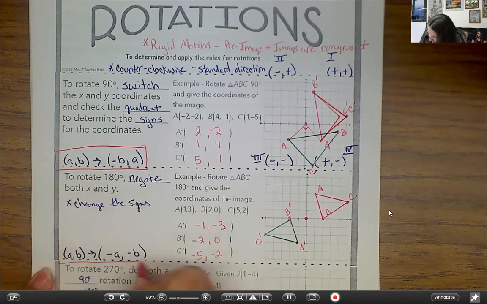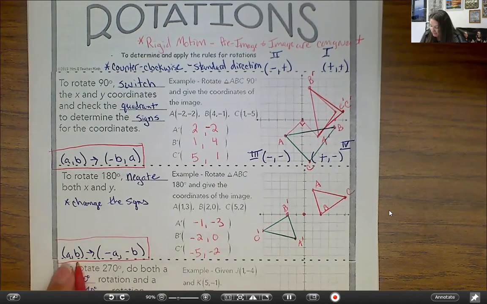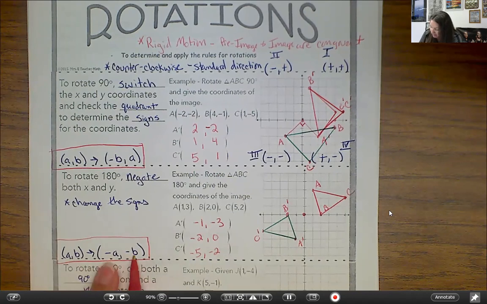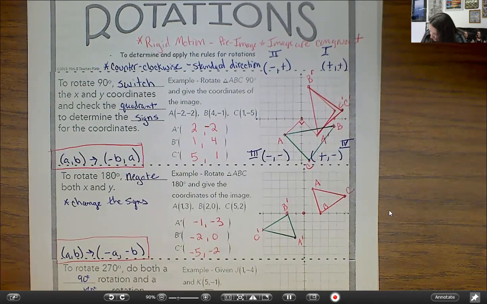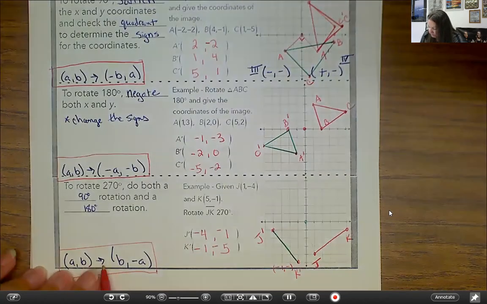If you're rotating 180 degrees, vertex (a, b) is going to move to (-a, -b). We negated both of those coordinates. But keep in mind, if it's positive, it goes to negative, but if it started out as negative, it will become positive. So negate works both ways. And 270 degrees would have a rule of (a, b) rotating to (b, -a).